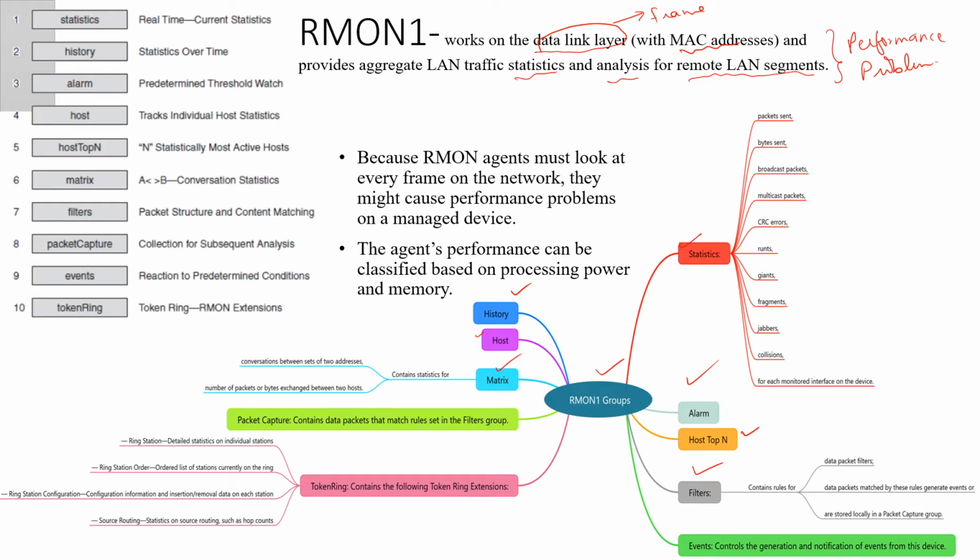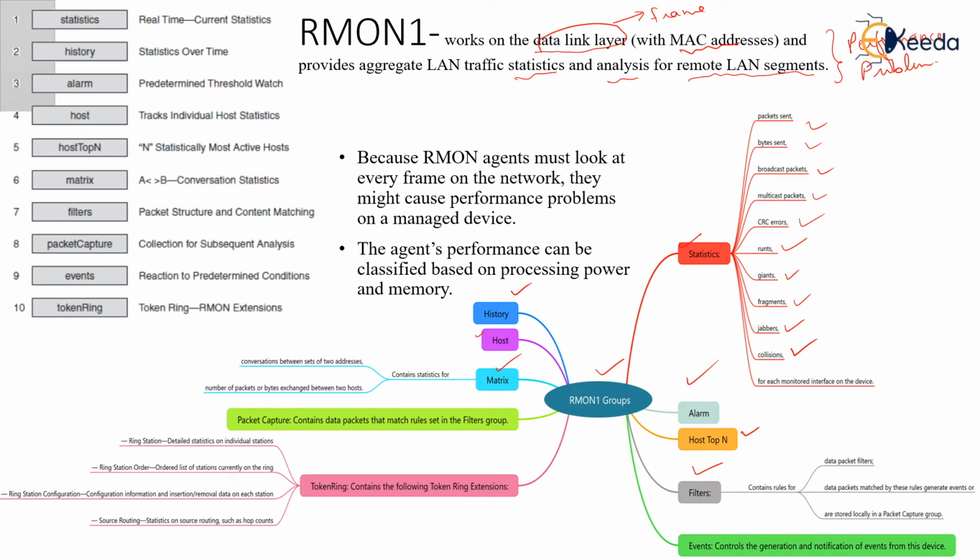It contains statistics such as packets sent, bytes sent, broadcast packets, multicast packets, CRC errors, runts, giants, fragments, jabbers, and collisions for each monitored interface on the device.